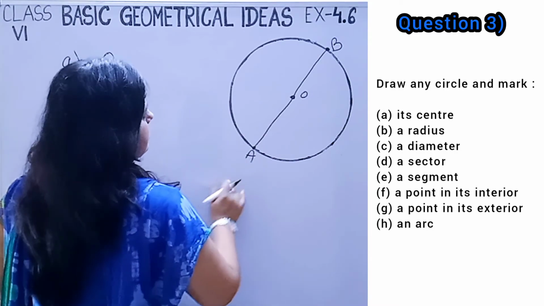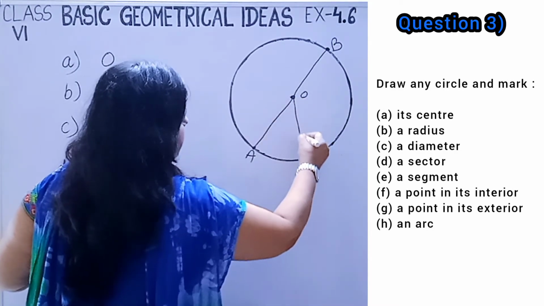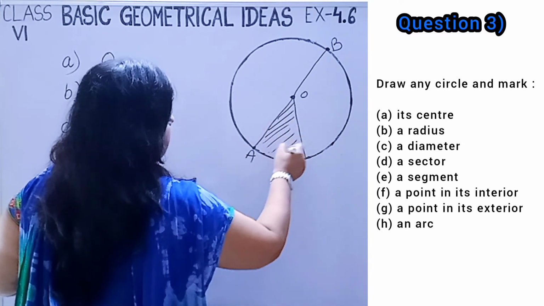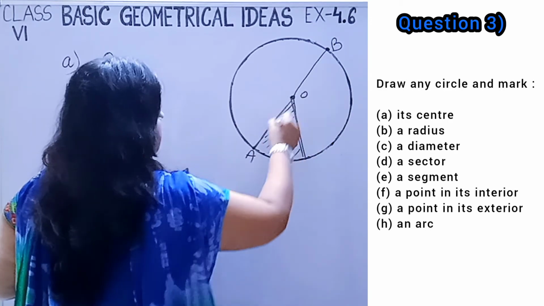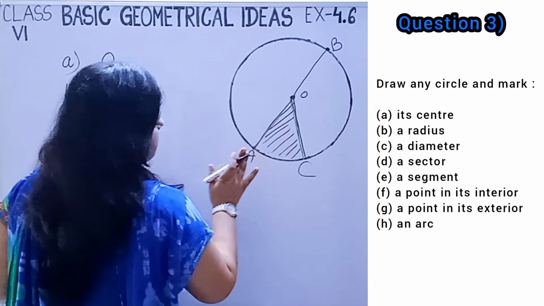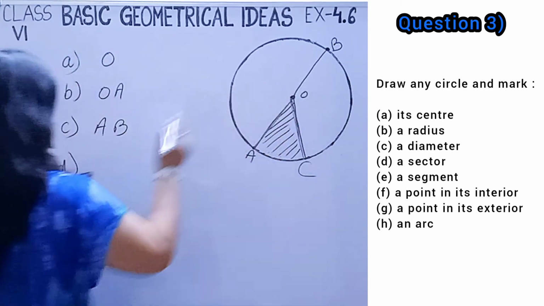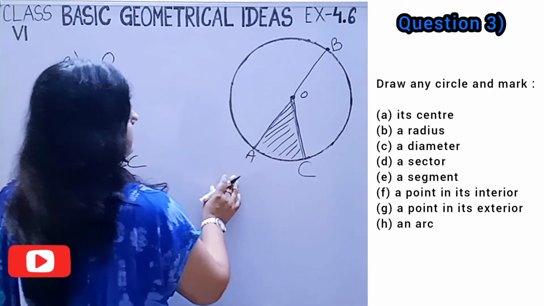D part, a sector. If this is our radius, and I draw one more radius and shade this portion, this is my sector. So this is a sector of the circle and the name is C. It means AOC is a sector of the circle. AOC. E, a segment.